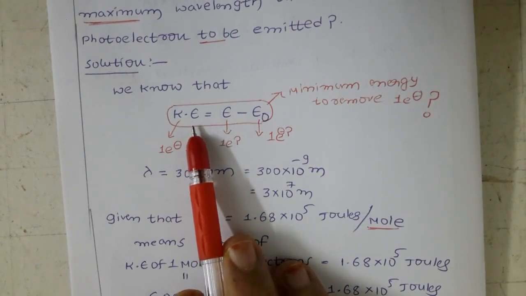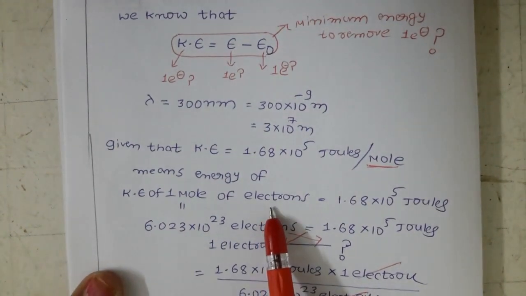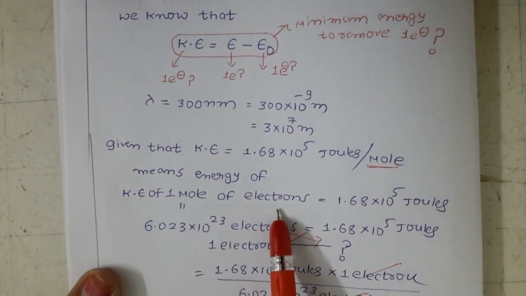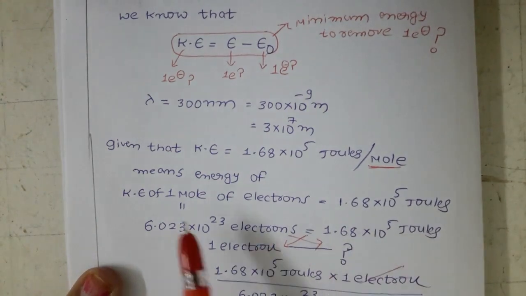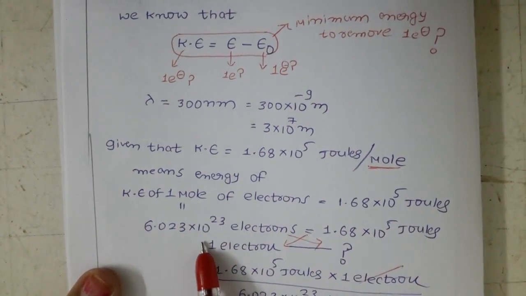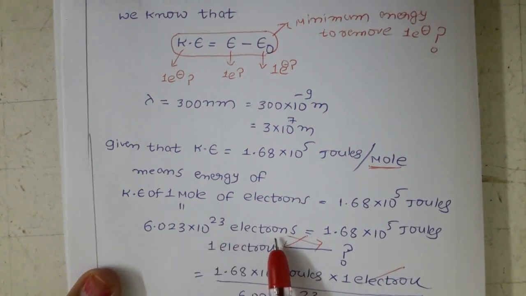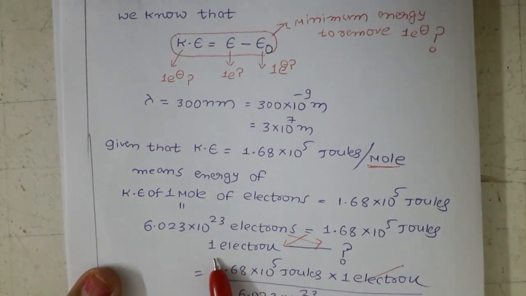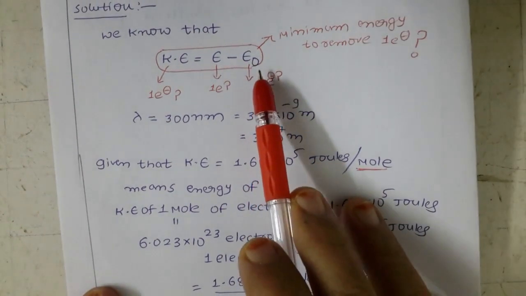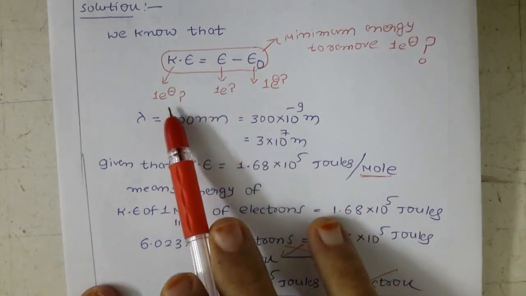In this equation we need the energy of 1 electron, but in the problem the data given is the energy of 1 mole of electrons, 1.68 into 10 to the power of 5 joules. One mole means Avogadro number of electrons: the energy of 6.023 into 10 to the power of 23 electrons equals 1.68 into 10 to the power of 5 joules. But we need the energy of 1 electron, because here we have to find the E naught for 1 electron, and this is for 1 electron, so the kinetic energy should also be for 1 electron.